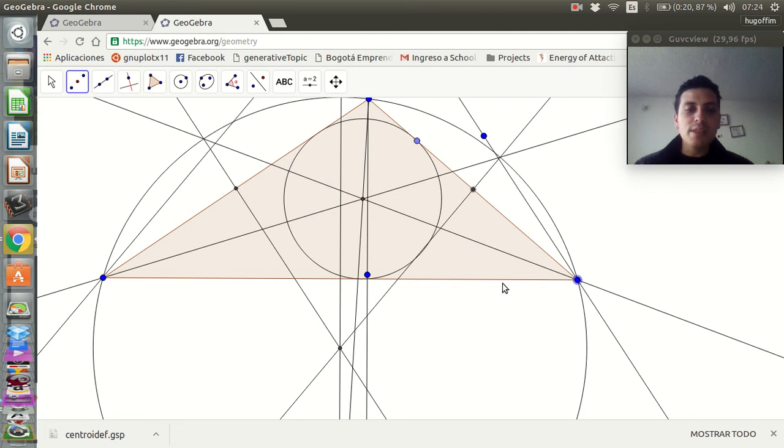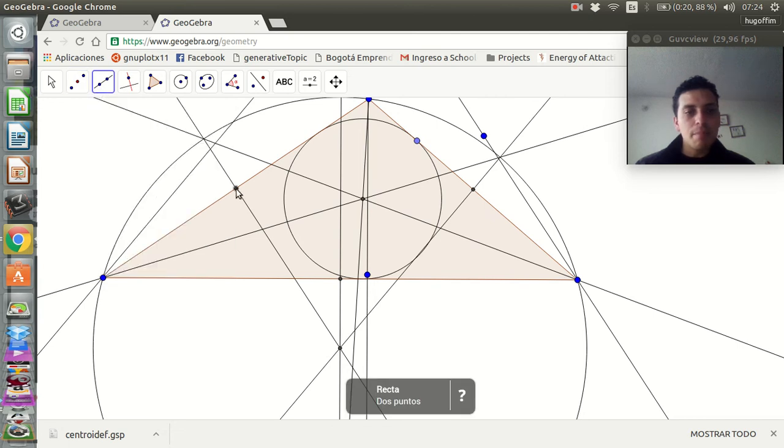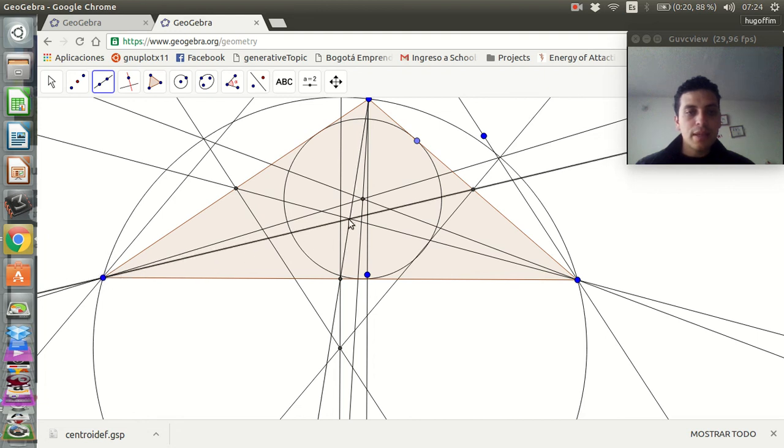Obviously the midpoint is the point in which the perpendicular bisector crosses the side. Now we're going to draw lines from the midpoint to the vertex. Midpoint to the vertex. And finally, midpoint to the vertex. And this is the centroid.